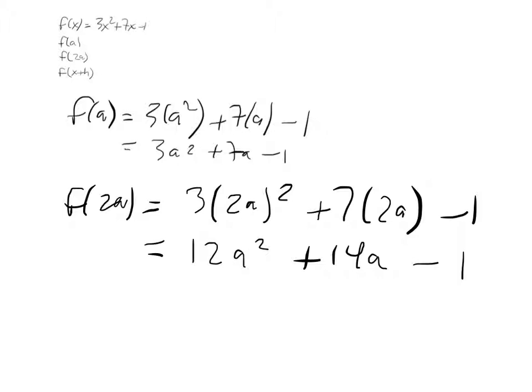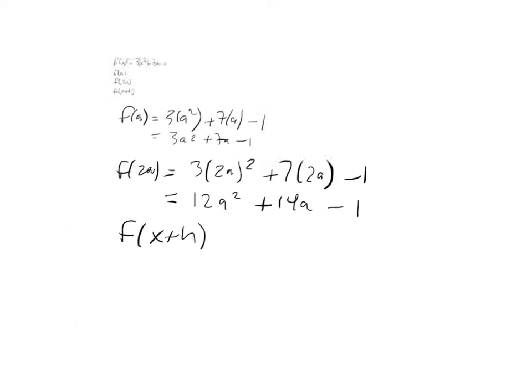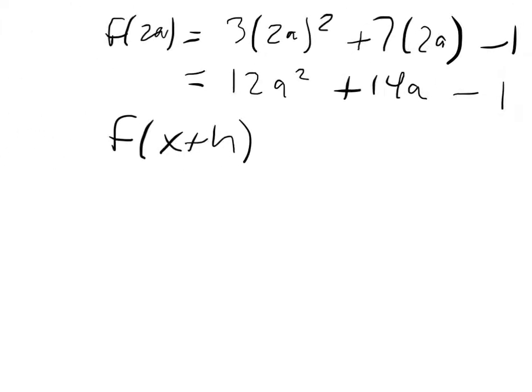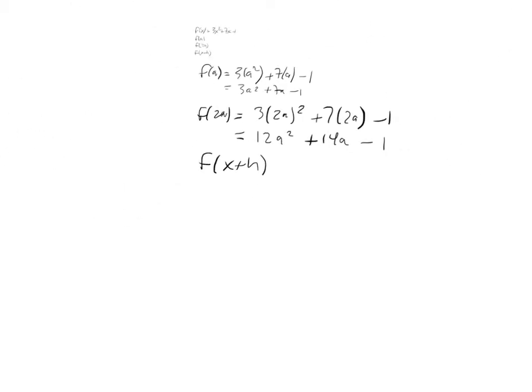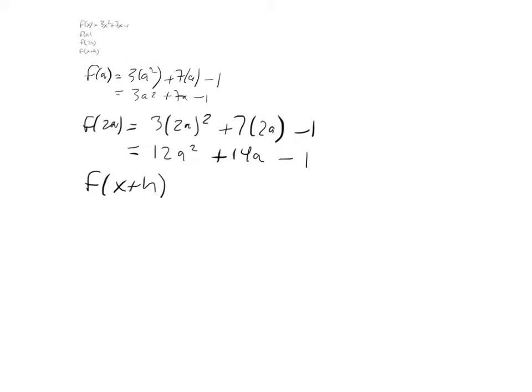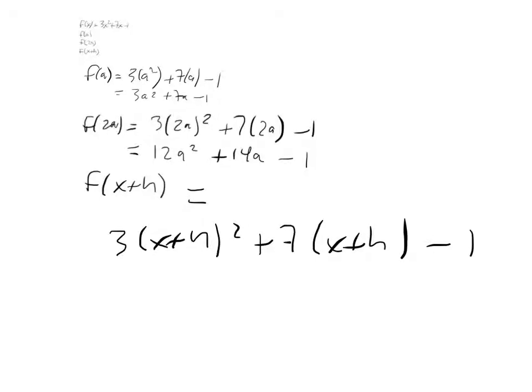How about we look at something a little more complicated, like f of x plus h. F of x plus h is going to be 3 times the quantity x plus h squared plus 7 times x plus h minus 1.